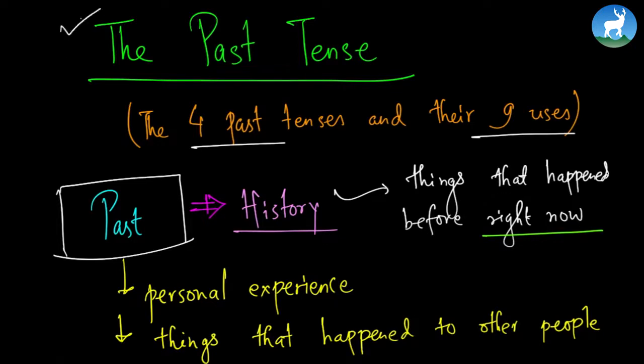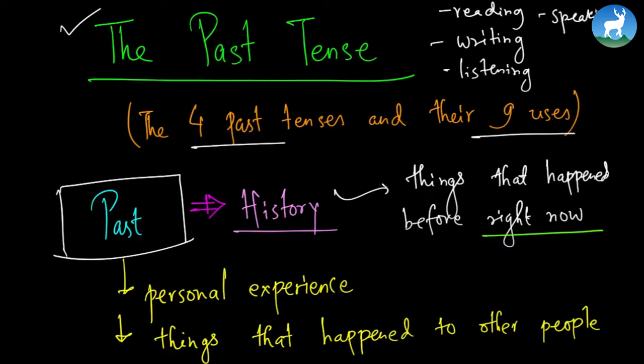As you know, there are 4 dimensions of English language learning. How many dimensions are there? 4, and they are reading, writing, listening, and speaking. All these 4 dimensions are improved just by learning the past tense. So we'll see how that works, right?